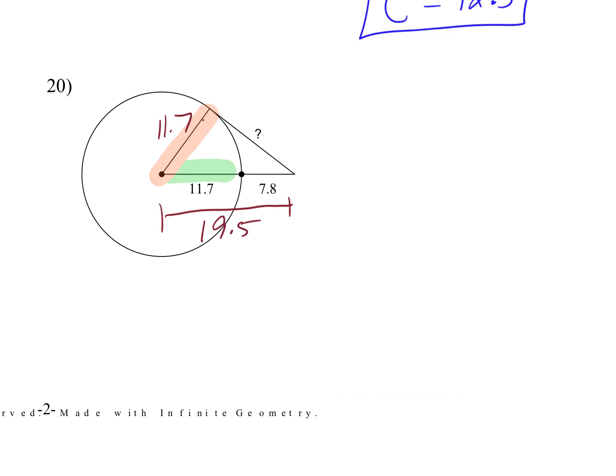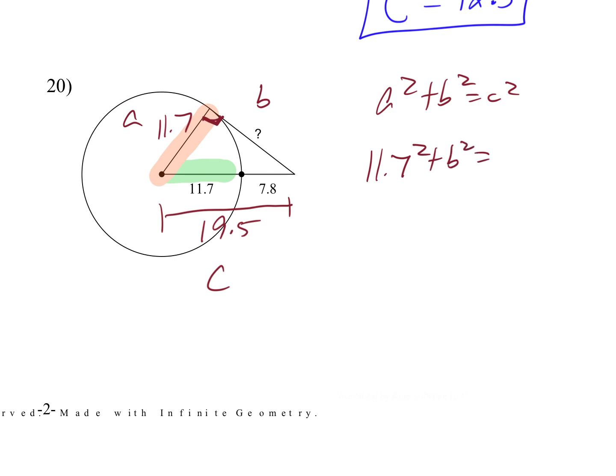And then this is my right angle right here where the tangent goes and hits the radius. So it's a C, A, B. Use Pythagorean theorem. 11.7 squared plus B squared equals 19.5 squared. And then when you solve for B, 6.